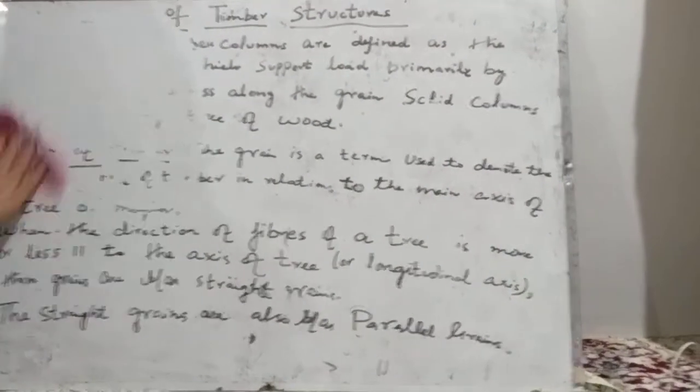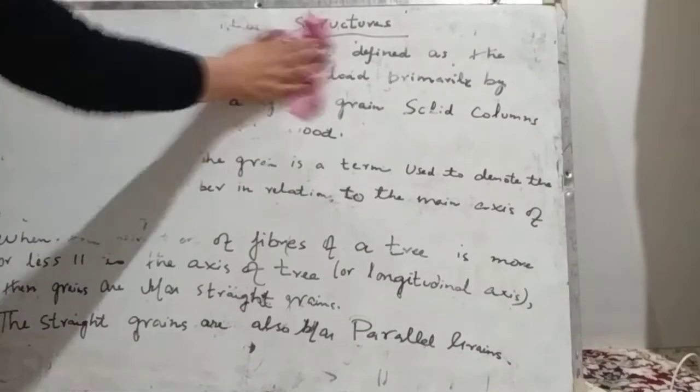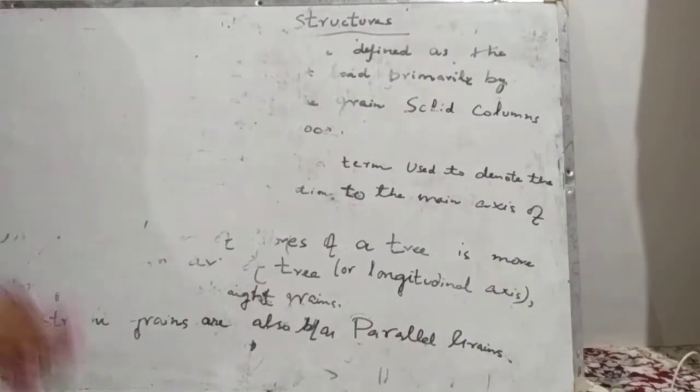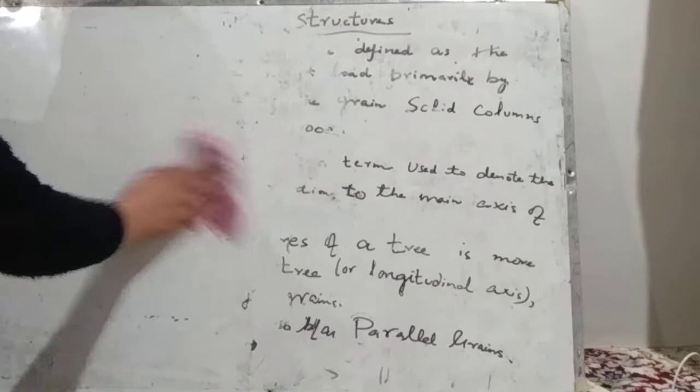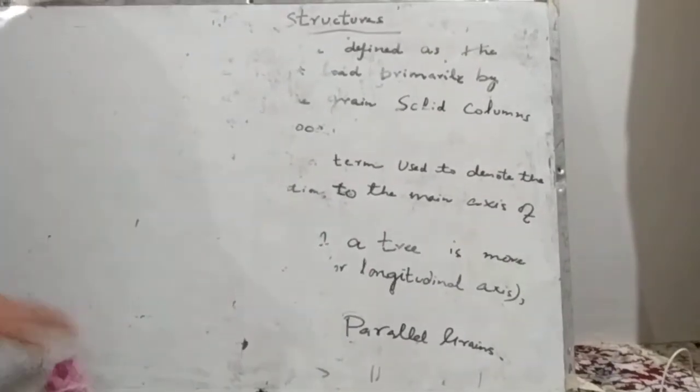Now columns are also of three types: short columns, intermediate columns and long columns. These solid wood columns are of three types.